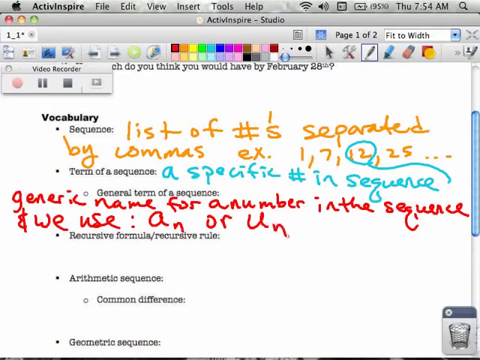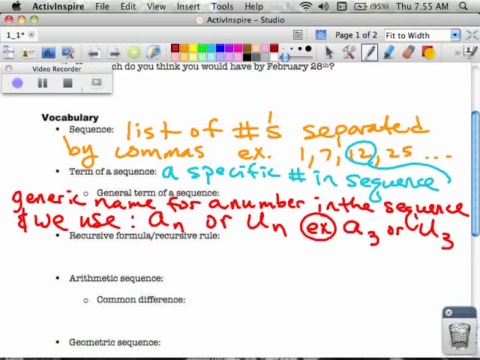For example, we can say we want a sub 3 or u sub 3, which are both referring back to that third number in the sequence. So a sub 3 means I'm looking at the third one. U sub 3 means I'm looking at the third one.